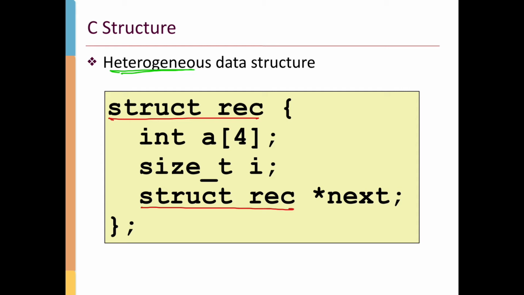So this is entirely fine. We basically are going to be able to use this to create, say, a linked list of these structure records. And this is a pointer. So we have an integer array, a size_t, and a pointer to a struct rec inside of our structure.